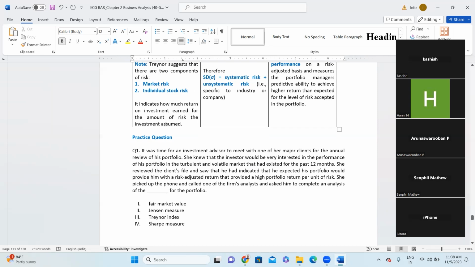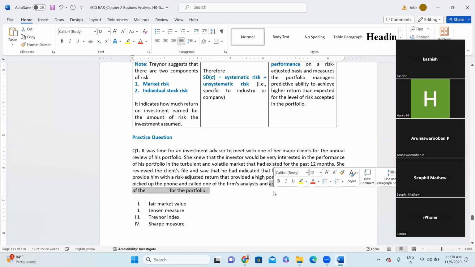She picked up the call and called one of the firm's analysts and asked him to complete the analysis of the dash for the portfolio. So what she is doing, it was a time for an investment advisor to meet with one of the major clients for an annual review of his portfolio.